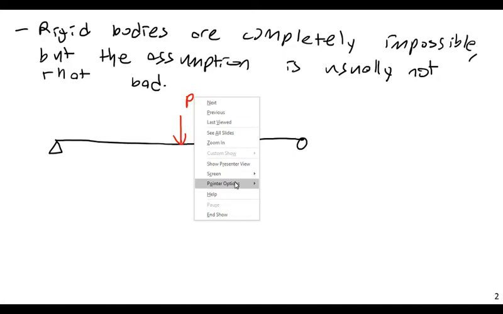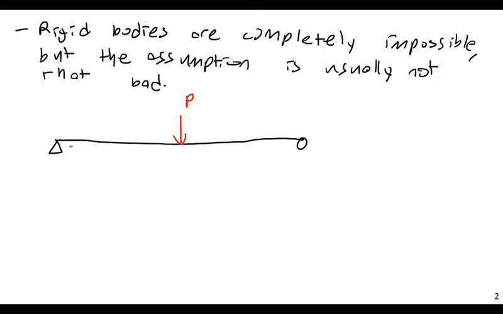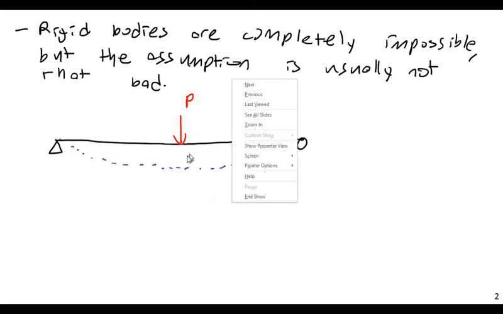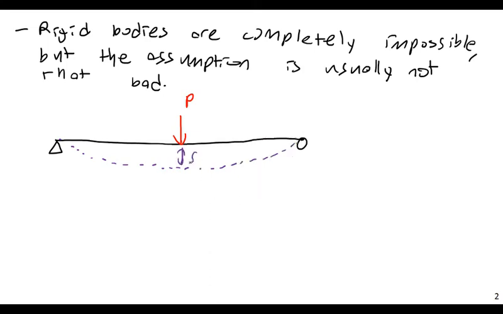Now, in reality, it would deflect, and that deflection would change ever so slightly how the forces inside that beam are distributed. So the shear and bending moment would actually be slightly different in the curved beam than in the perfectly horizontal beam.